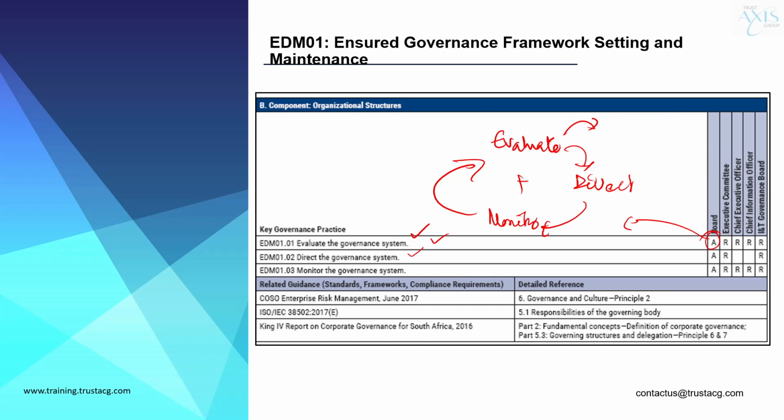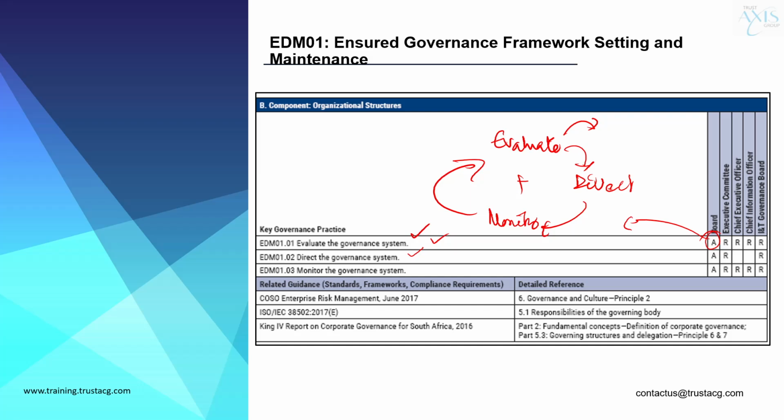The beauty of COBIT, as we discussed before as well, lies in the fact that it can be easily implemented to demonstrate compliance with certain other frameworks. The COSO Enterprise Risk Management Framework has principle number 2 under section 6, where governance and culture is a focus, emphasizing setting the tone at the top and embedding governance into organizational behavior.